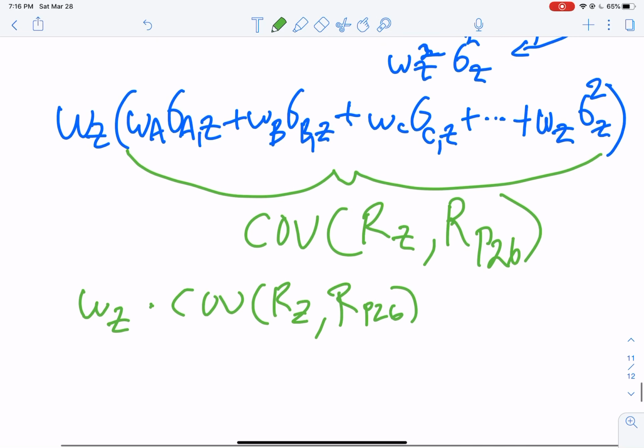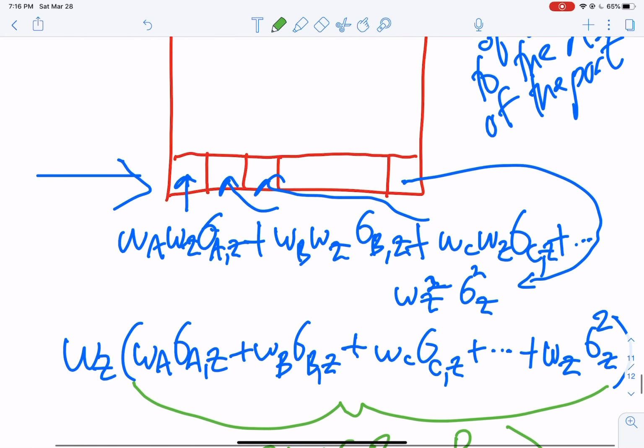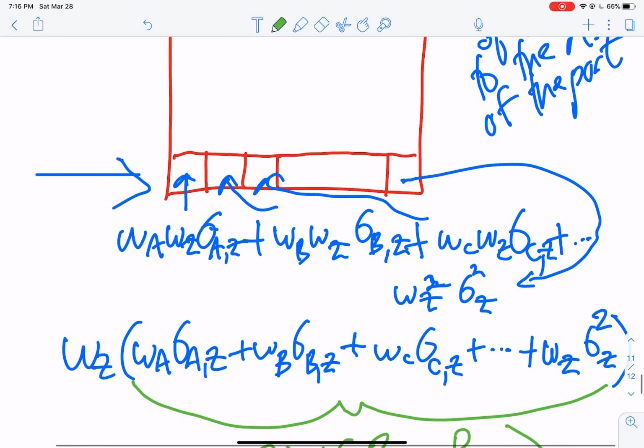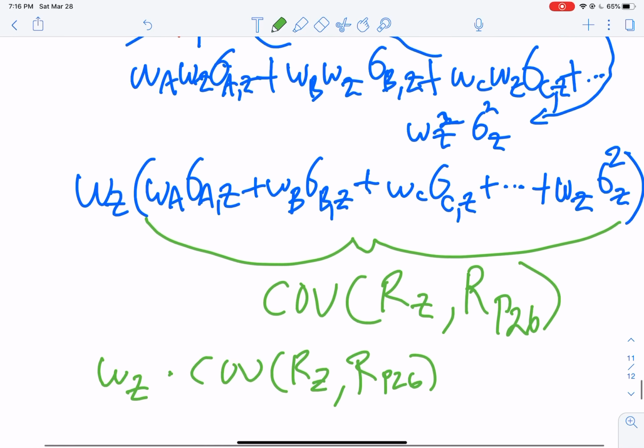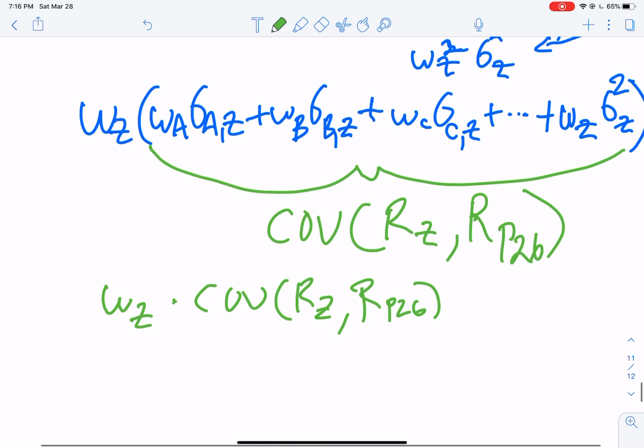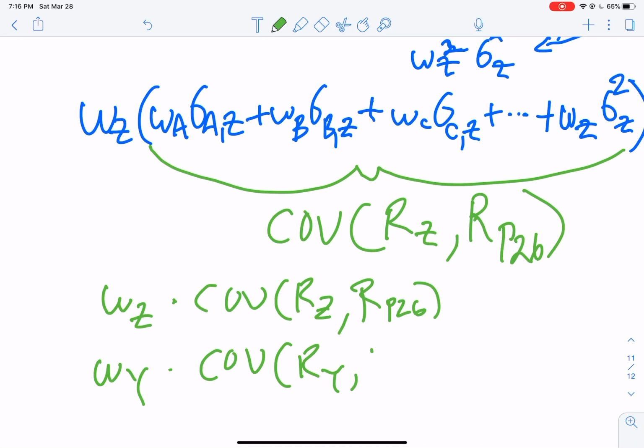And that means that the row above it, that one, would be considered to be the weight in Y times the covariance of the return on Y with the return on the portfolio of 26 securities, and so on.